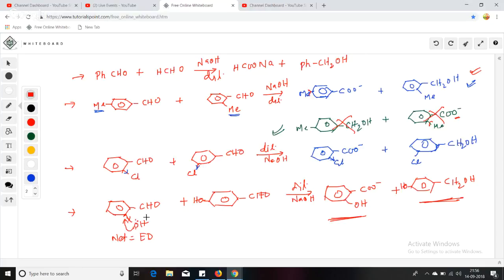We have some more reactions into this that we can continue with in another session. Today we have discussed the Cannizzaro reaction, and what all products we can get in the Cannizzaro reaction, that also we have discussed. A few questions we have seen from the JEE point of view: what all questions they may ask in the Cannizzaro reaction, Aldol reaction.